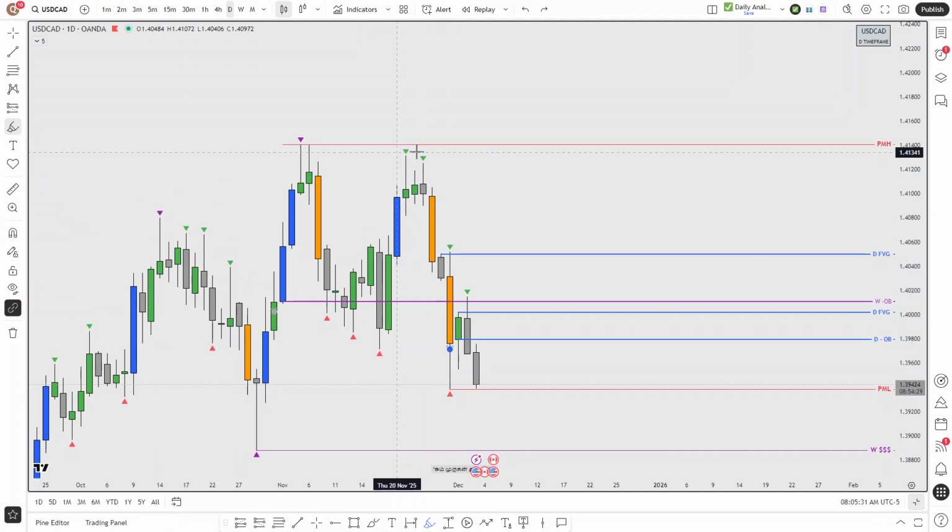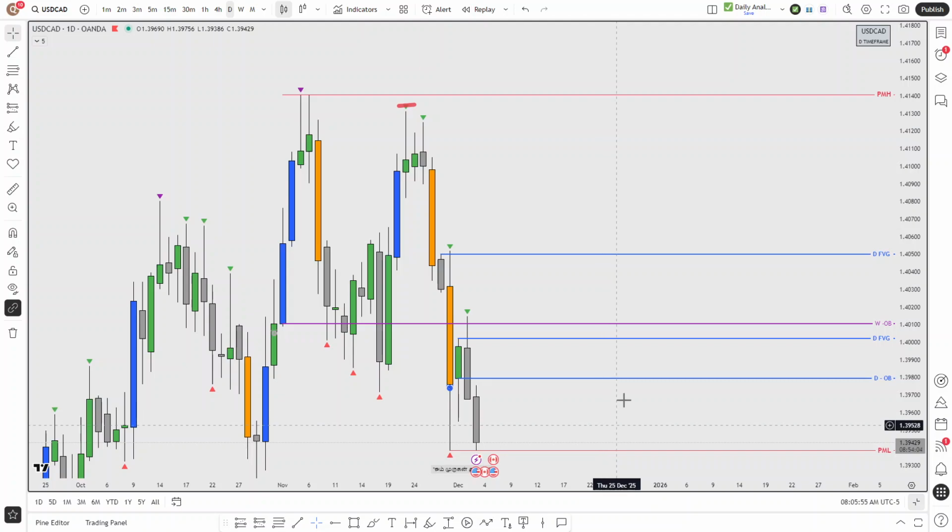This is one leg from this high to this low. Ideally, this is our FEG and this is our swing high. After that, price has tapped into this FEG and formed the next leg. Here you can see this daily bearish FEG is overlapping with the weekly bearish OB. This is nothing but a huge hotspot for the next bearish move to start.